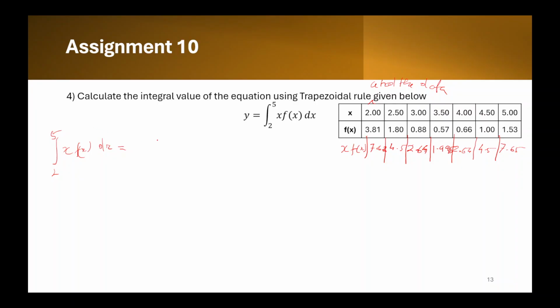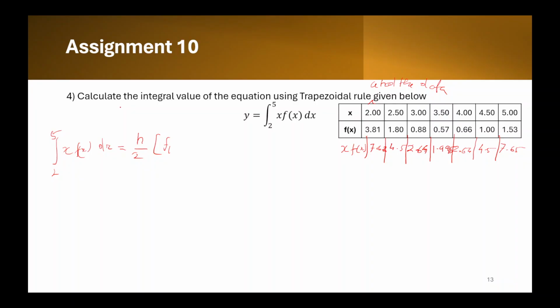So this will be h by 2 f1. So you need to compute how many number of points are there. So number of points is 1, 2, 3, 4, 5, 6, 7.